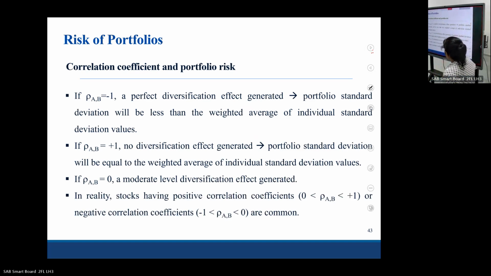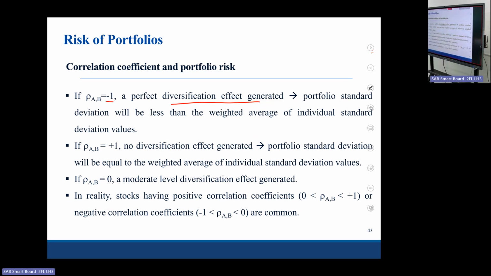Now, you can read this. This is some indication for the diversification. When the correlation coefficient is perfectly negative, perfect diversification effect is generated.